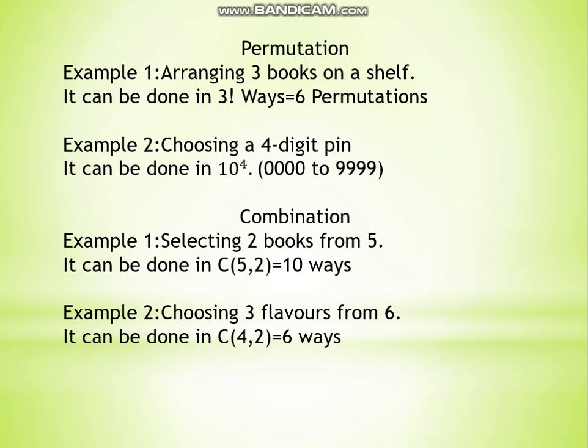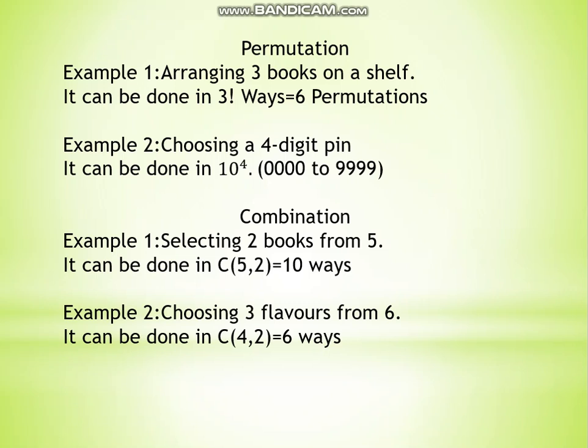For the third position of the pin, again 10 choices, and for the last one also 10 choices. So it is 10 into 10 into 10 into 10, that is 10 raised to 4. So choosing a 4-digit pin can be done in 10 raised to 4 ways.